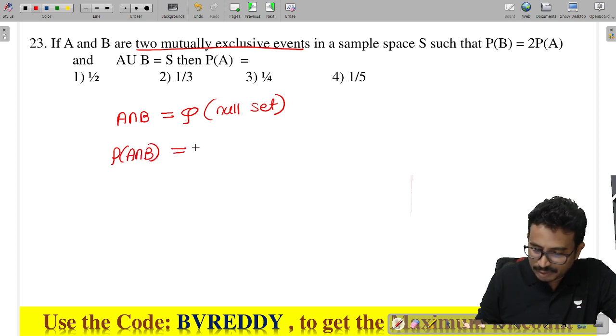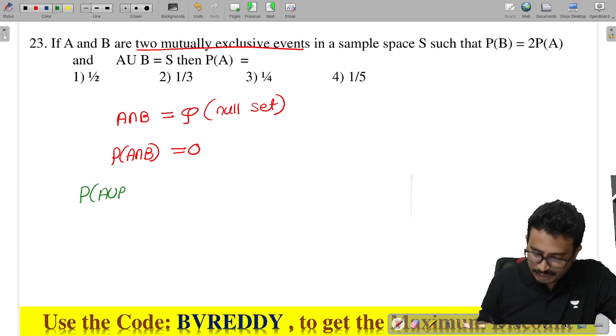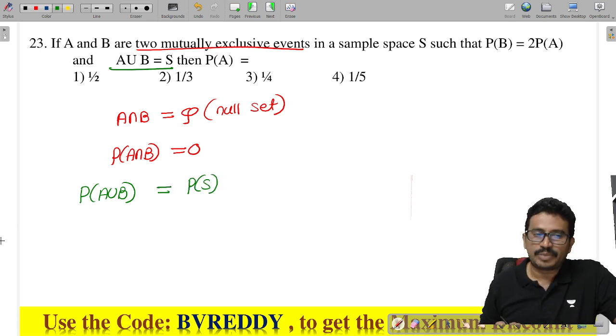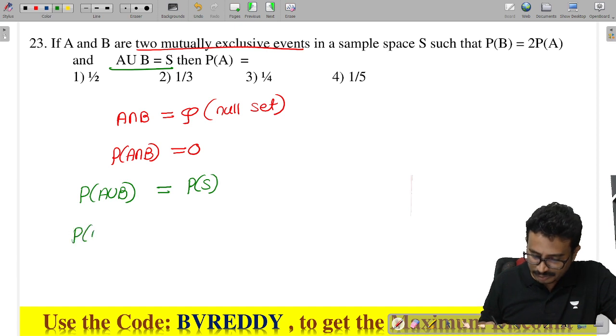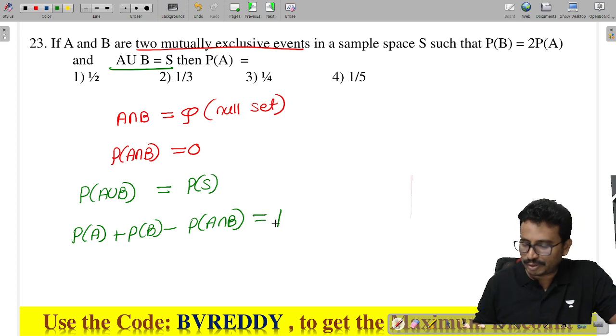Which is 0. Null set. So P of A union B is nothing but P of S, the probability of sample space, which is 1. So P of A union B is given as P of A plus P of B minus P of A intersection B, which is equal to 1.